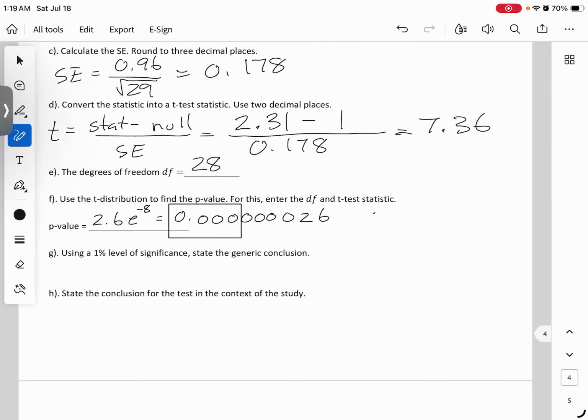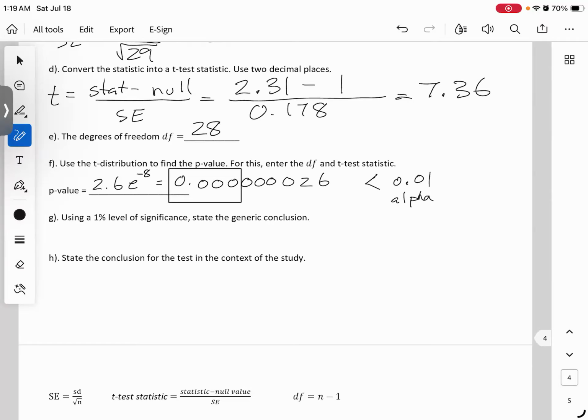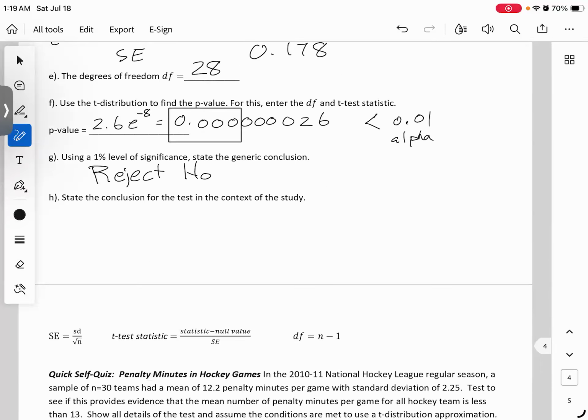So with a 1% alpha, we're good. 0.00000 is definitely smaller than 0.01. So as we normally do, we can reject the null hypothesis.